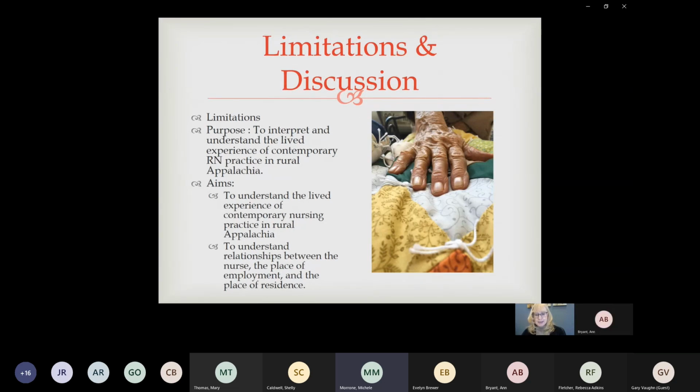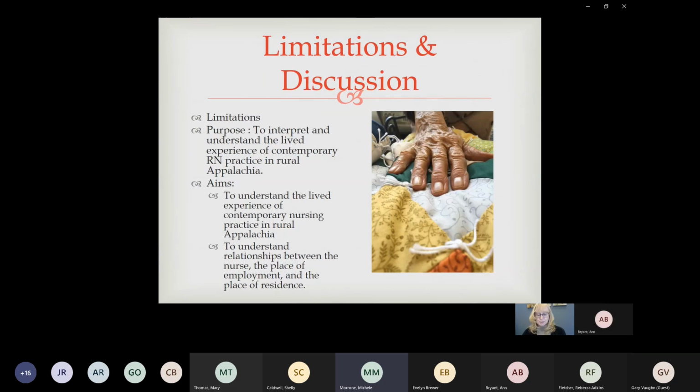But the aim was to understand the lived experience of contemporary nursing practice. The nurses expressed ownership of the practice. They recognized the responsibilities inherent to their work, the legal and ethical standards of the profession, and how their personal lives incorporated those concepts within the context of where they worked and lived.